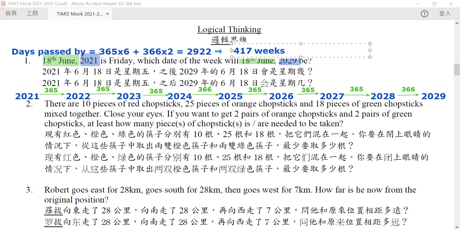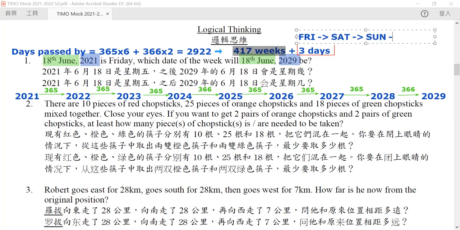The number of weeks is not important, because any complete week will not affect the day of the week. But the number of days is important, because it changes Friday to Saturday, to Sunday, and finally to our target, Monday. So Monday is our answer.